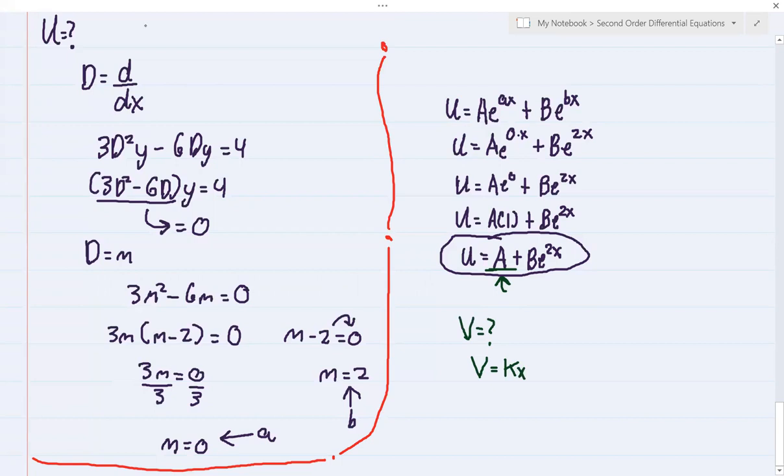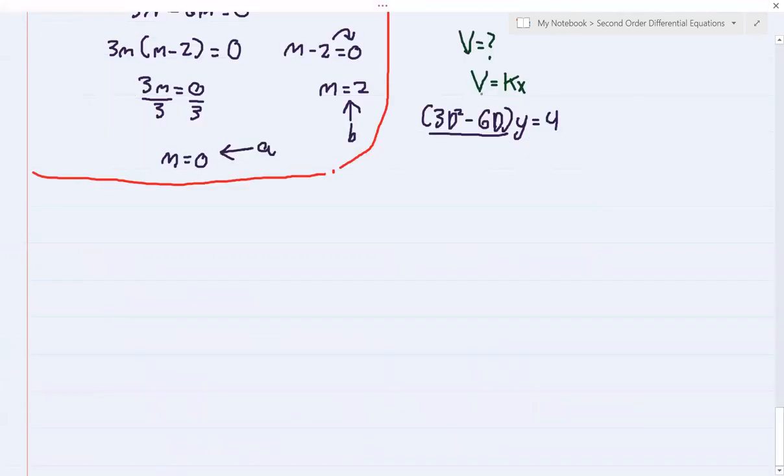And now let's find your k. So what to do? Get your D operator form. Let's substitute it here. And then after that, you're going to substitute your v for your y. So we will have 3D squared minus 6D times v is equal to 4.